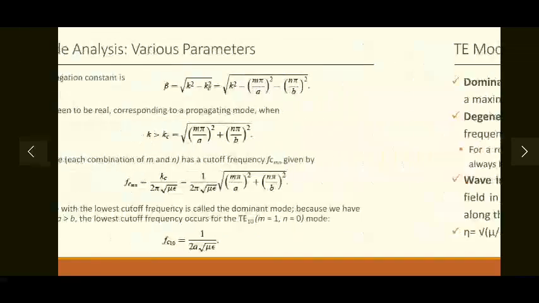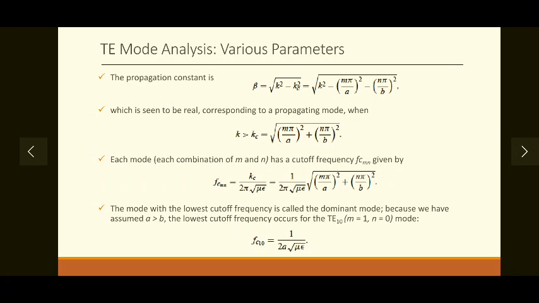So these different components can be summarized directly by this formula. Propagation constant beta is the difference between wave number and cutoff wave number. The actual wave number of a traveling wave is k, and the cutoff wave number is kc.